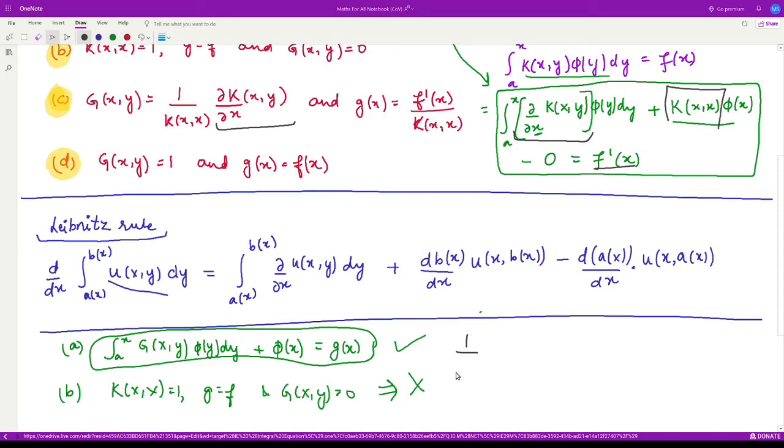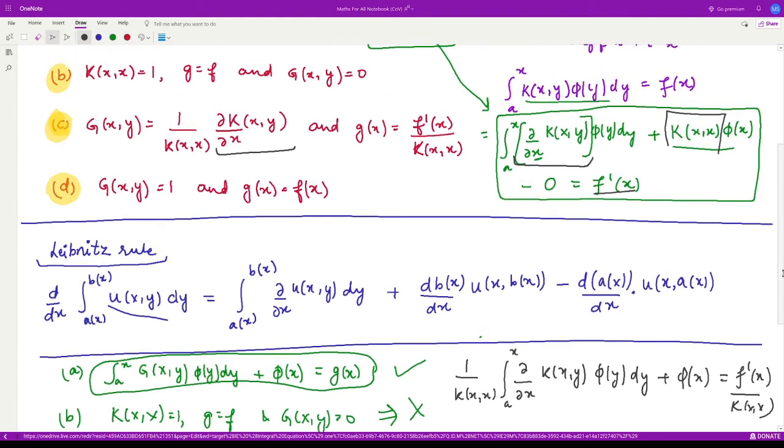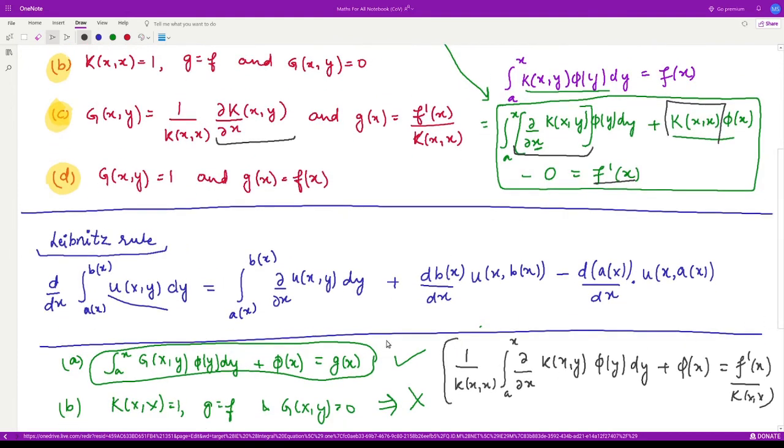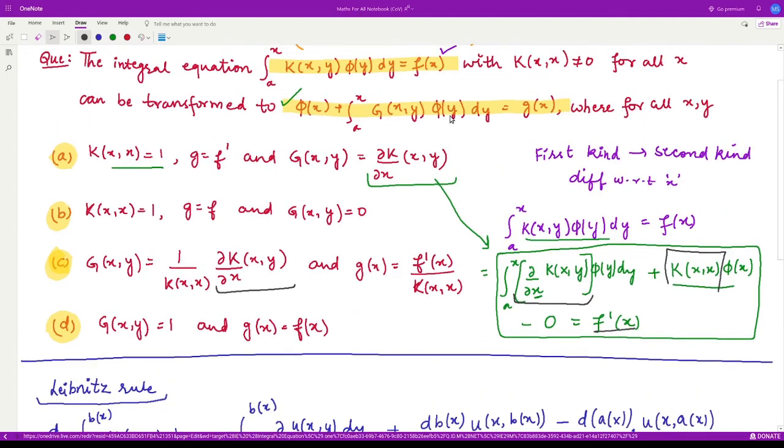So it would be 1 by k(x,x) integration from a to x, partial k by partial x of k(x,y) phi(y) dy plus phi(x) is equal to f dash x divided by k(x,x). Now can you see the form? Now just equate this one and the given equation. The given equation is this.